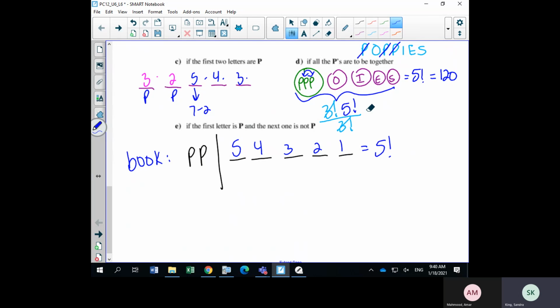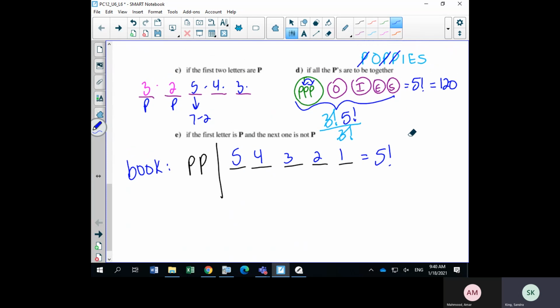Okay, how did your book do this question? Your book grouped the 3 P's together and kind of said, I'm just going to take those out of the pool. Those are going to be together out of the pool. So your book said, let's group that together.